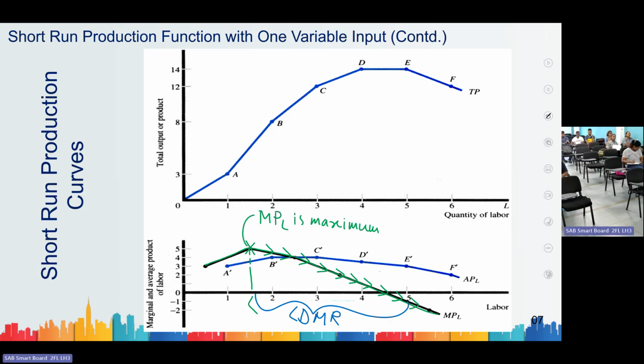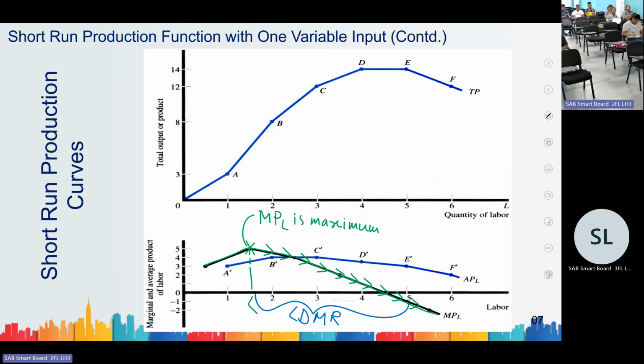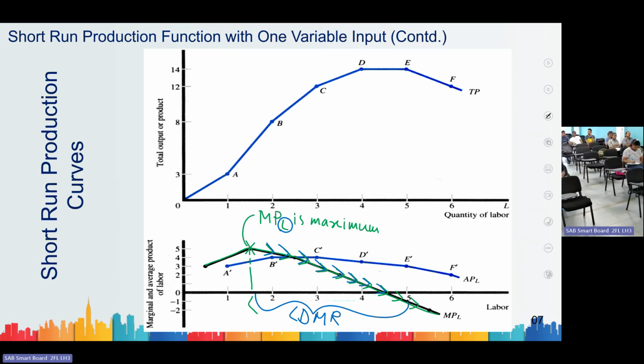In our case, it's the marginal product of labor. Over this range, you observe marginal product of labor is declining. That is the range of labor where the law of diminishing marginal returns occurs.